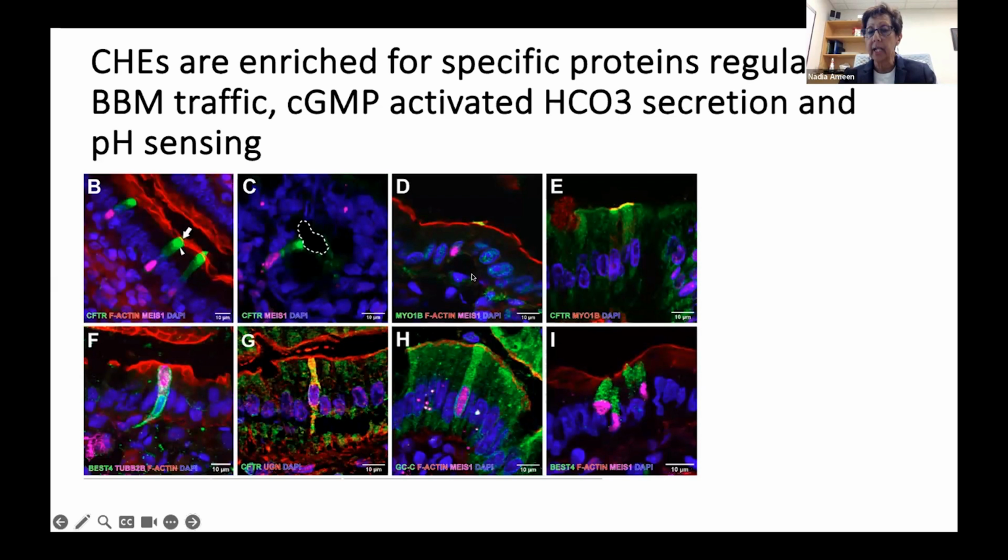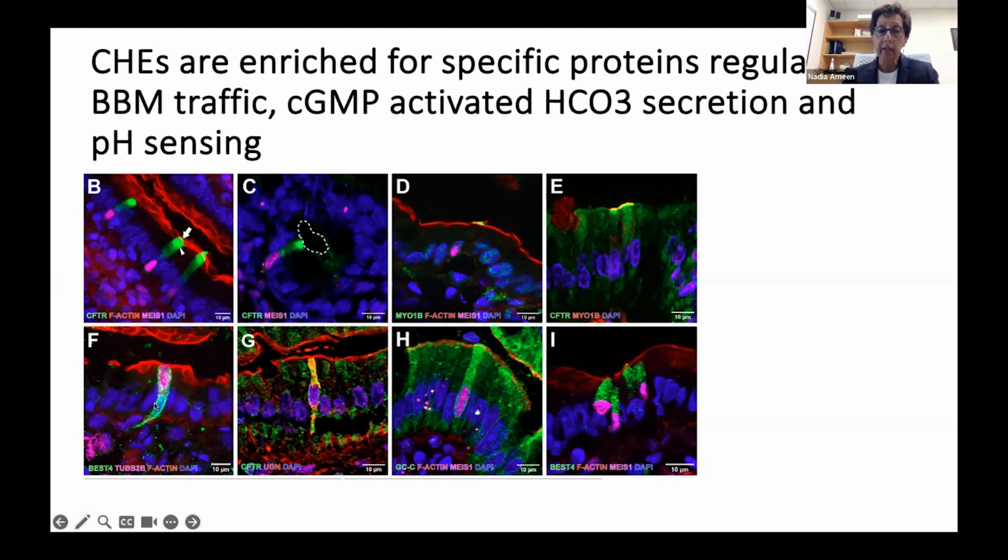The single cell data identified myosin 1B, and here you can see localization of myosin 1B protein in a cheese cell identified by Mice1. Here you can see two cheese cells labeled with myosin 1B and CFTR, showing that this myosin is exquisitely expressed in the cheese cell.